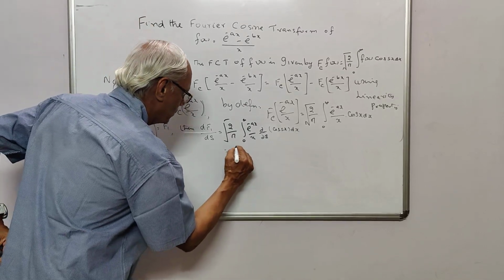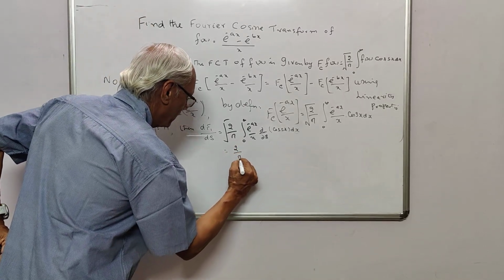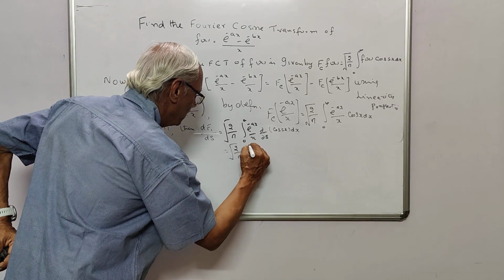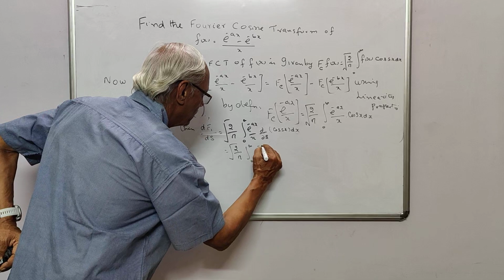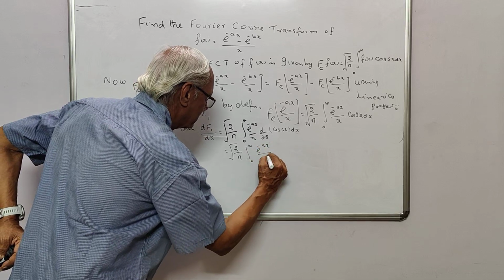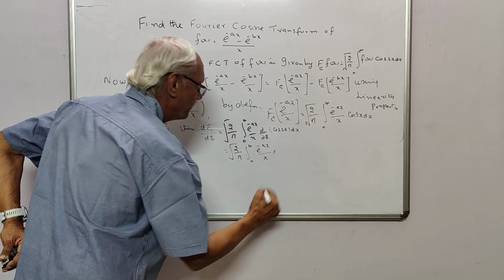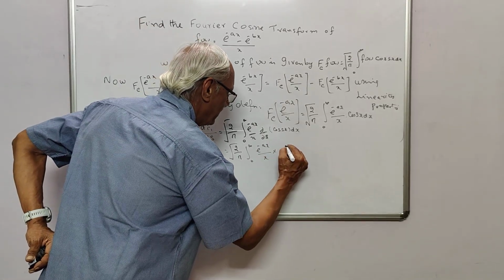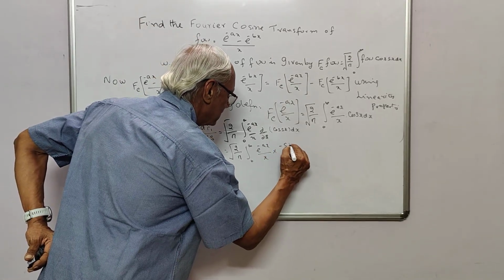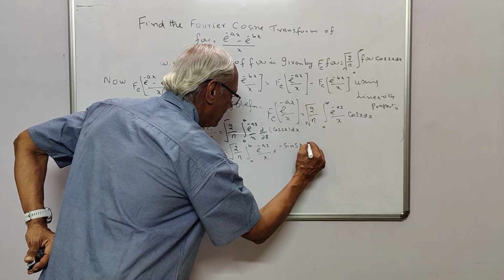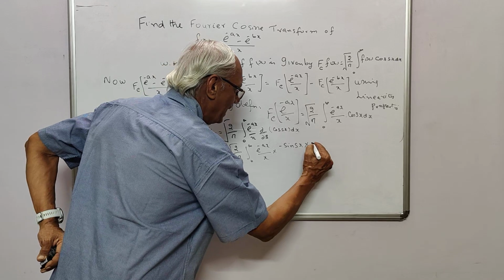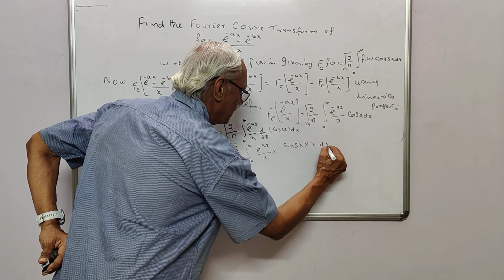So this is equal to 2 by pi, it is 0 to infinity e to the power of minus ax by x into derivative of cos sx, minus sin sx into derivative of sx, it is x into dx.